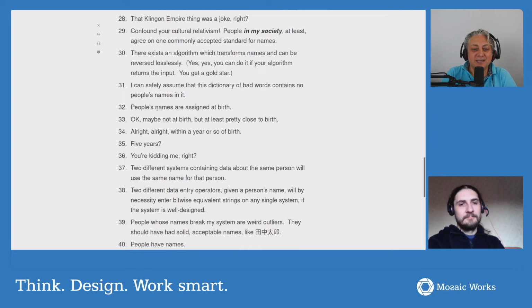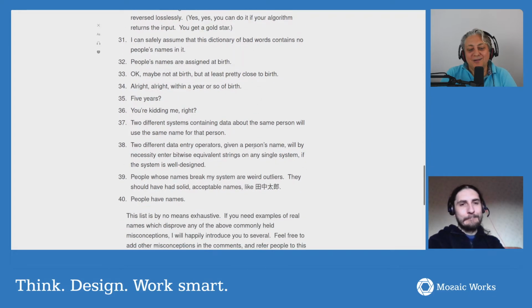Another one: I can safely assume that this dictionary of bad words contains no people's names in it. There are people who have names that contain bad words in them, or that could be bad in other languages. Oh yeah, absolutely.